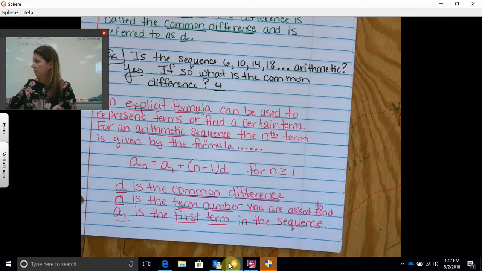Cool beans. So let's look at an example.